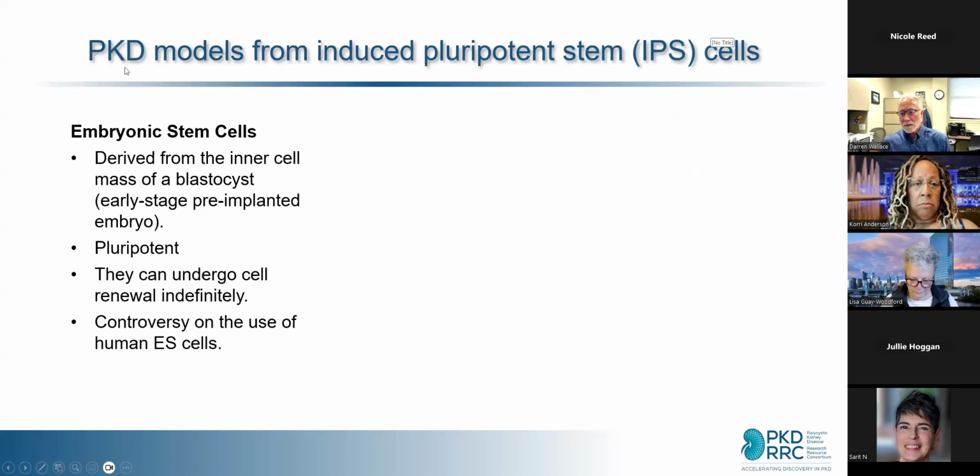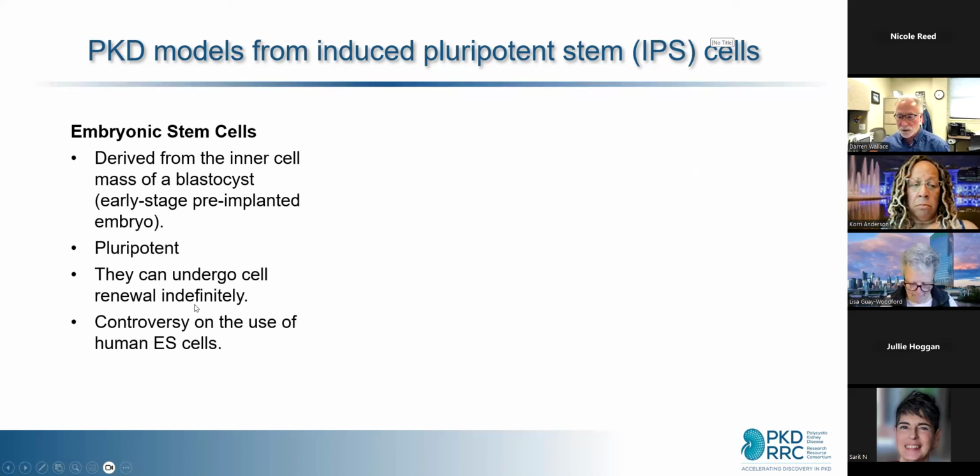Okay, so another approach would be to use pluripotent stem cells. And you may have heard of embryonic stem cells. These are cells derived from the inner cell mass of the blastocyst. This is an early stage pre-implanted embryo. These cells are pluripotent, meaning that they can give rise to a bunch of different cell types and structures.